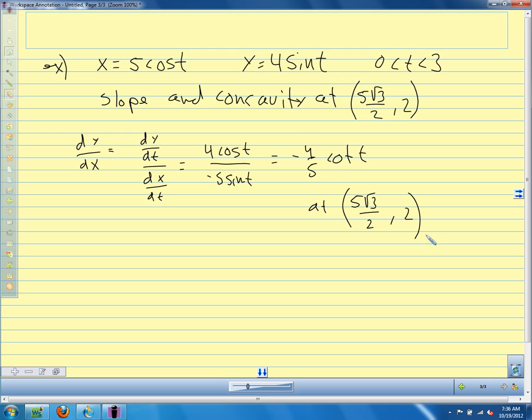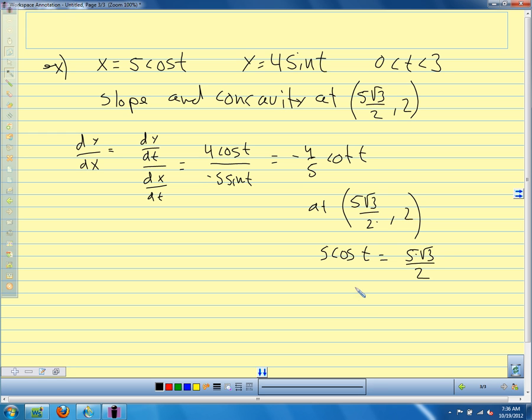At 5 square root 3 over 2, I'll just use the x coordinate. 5 cosine t equals 5 square root of 3 over 2.